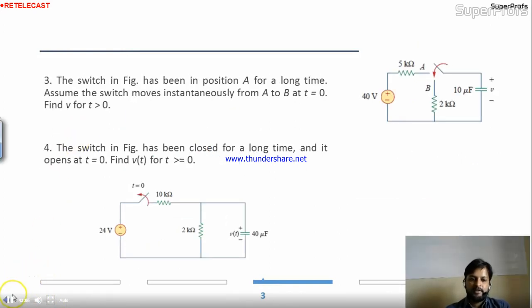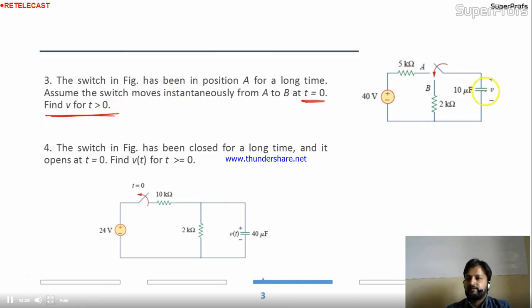In the third question, they are saying the switch in the figure has been in position A for a long time. Means at position A, the circuit is in steady state. Assume the switch moves instantaneously from A to B at t equal to 0. Find V for t greater than 0.